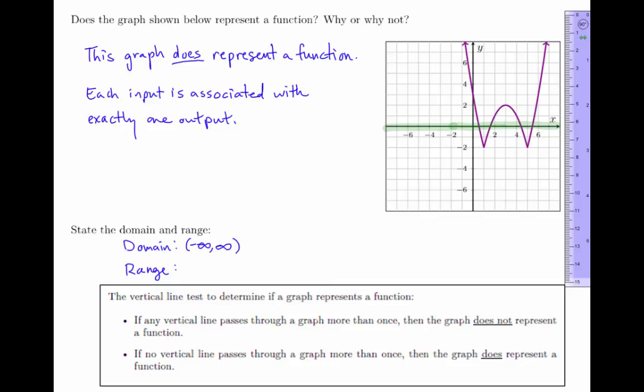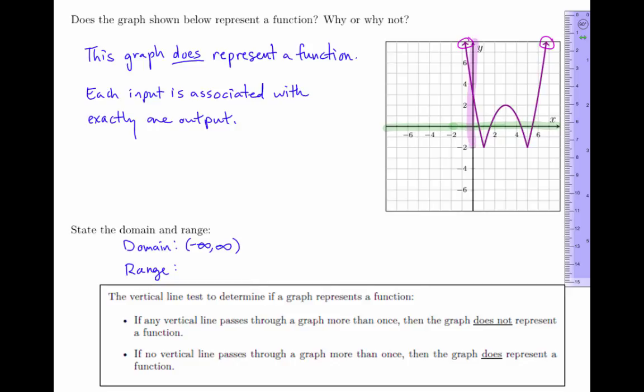Looking at the range, if I look at all possible y values, I can see that there are 2 arrows at the top pointing upward, so there won't be a maximum value. But as I look along that y-axis, I'm going to highlight along this axis for all the places that I see y values, and then I stop when I get to -2.